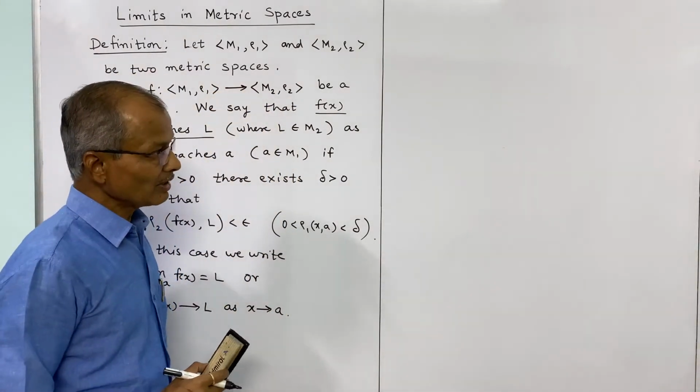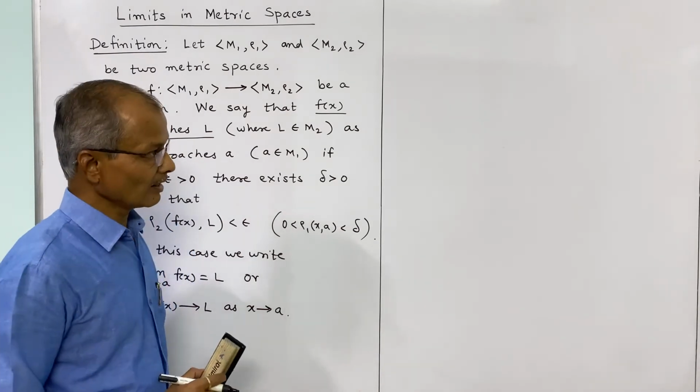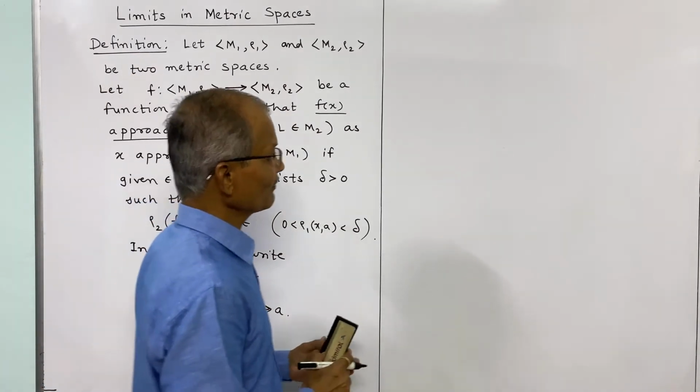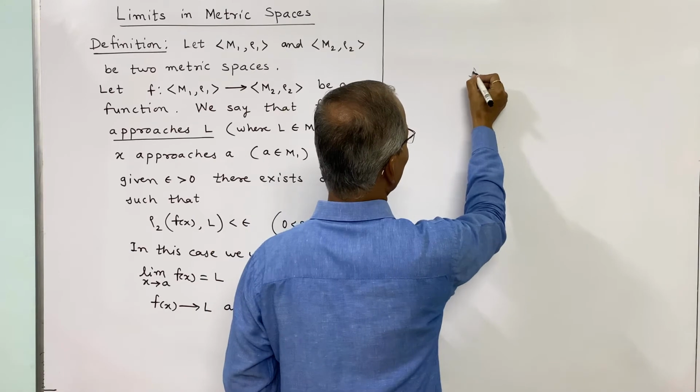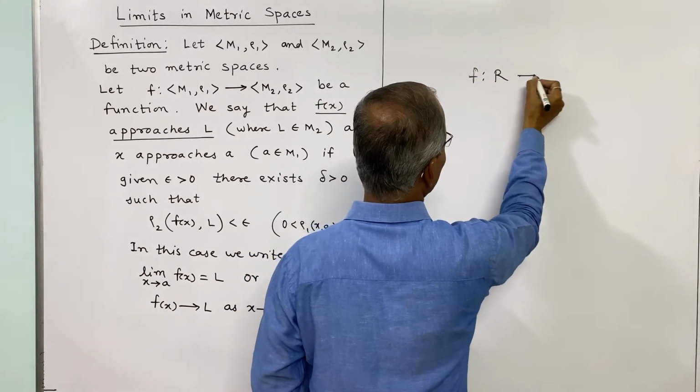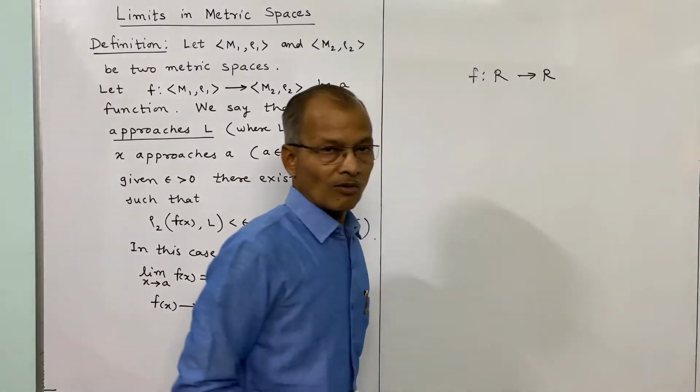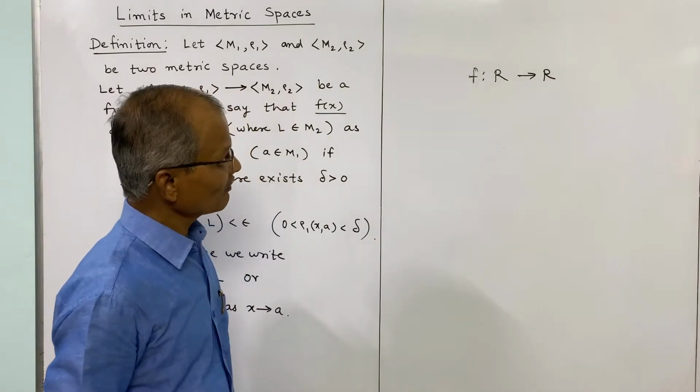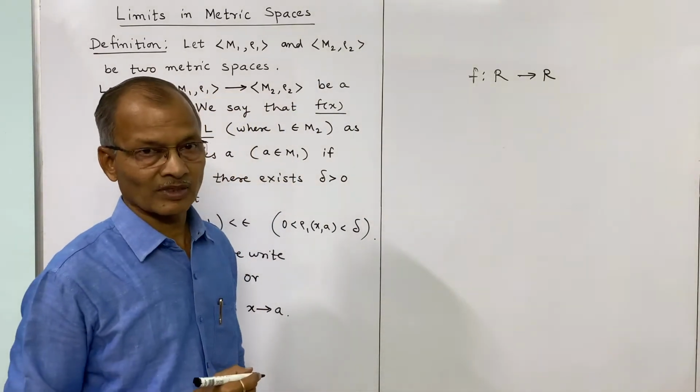Now we know the limit of a function in real numbers. If f is a function from R to R, then the limit of this function we say as f(x).